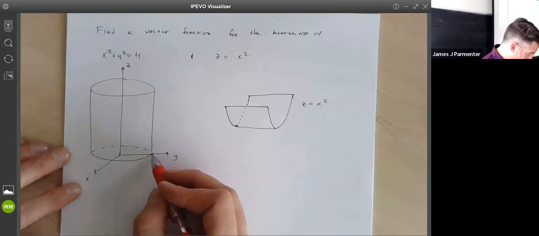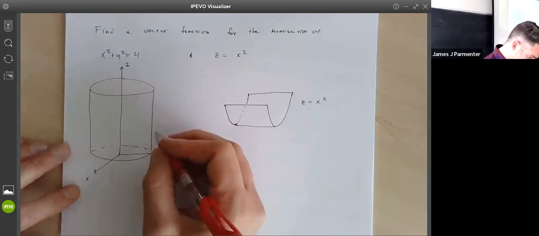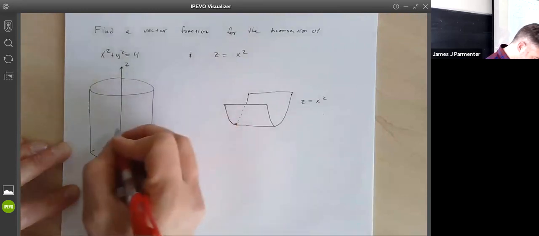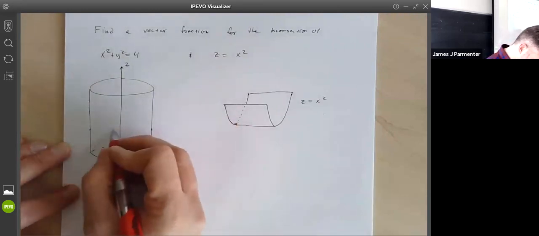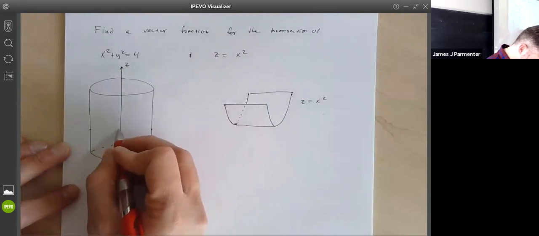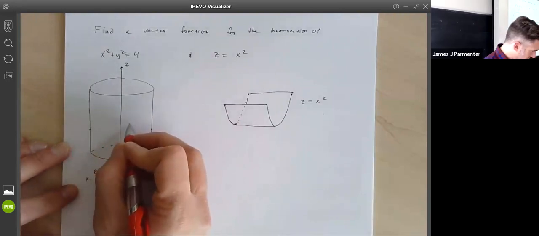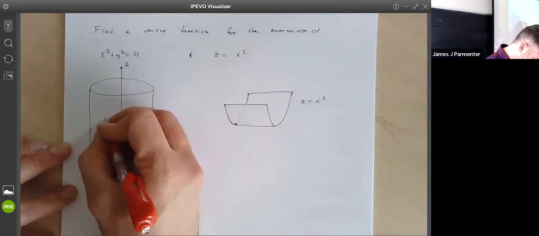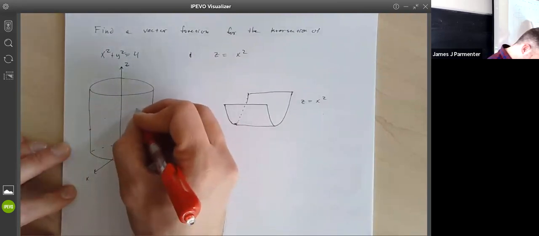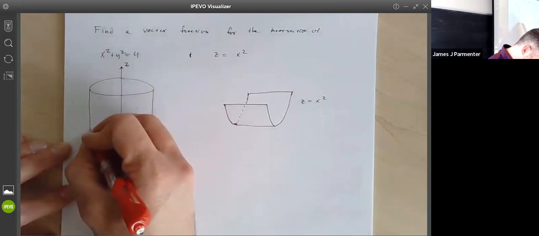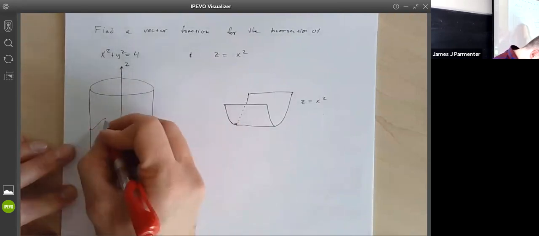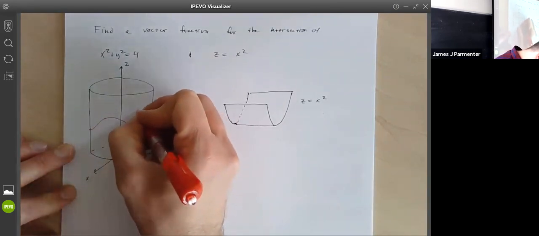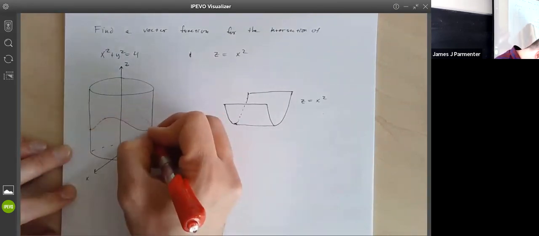So we're going to get there, and there, and then this direction. Sorry, it's always hard to draw these things.